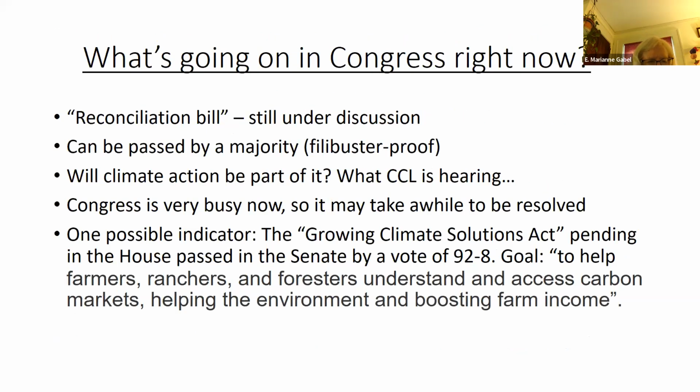So what's going on in Congress right now? There's a reconciliation bill under discussion. You may know that the reconciliation bill deals with financial matters. It can be passed by a majority. It does not need a 2/3 or a filibuster-proof majority in the Senate. Will climate action be part of that?